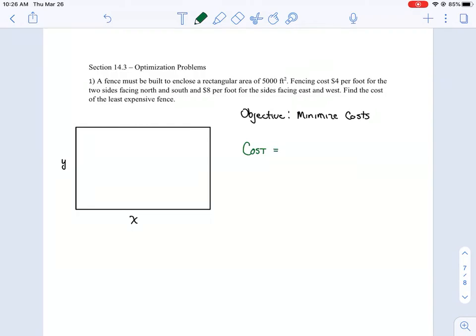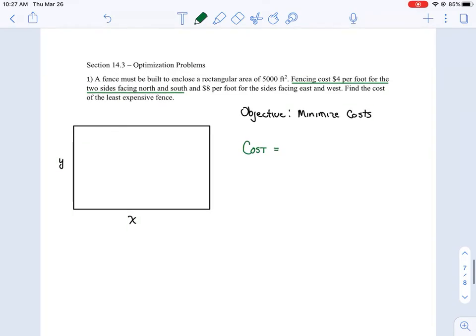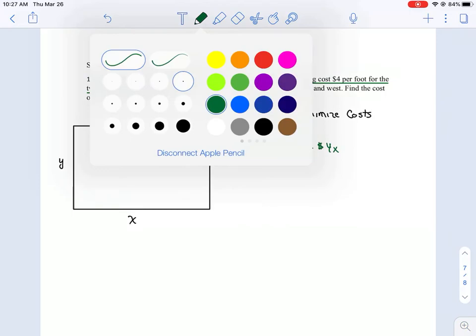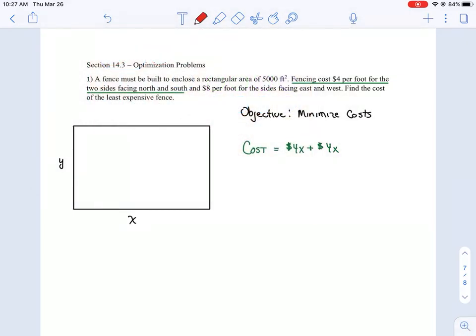And to build the cost function, we're going to go back to the problem, and it says the fencing costs $4 per foot for the two sides facing north and south. So the cost for the south facing fence will be $4 per foot, and the fencing facing north will be $4 per foot.